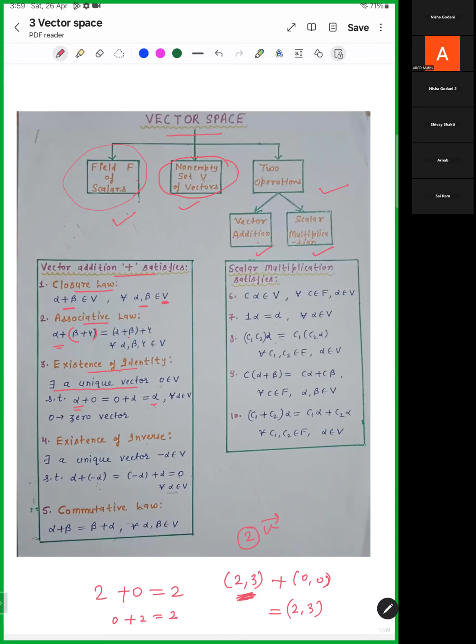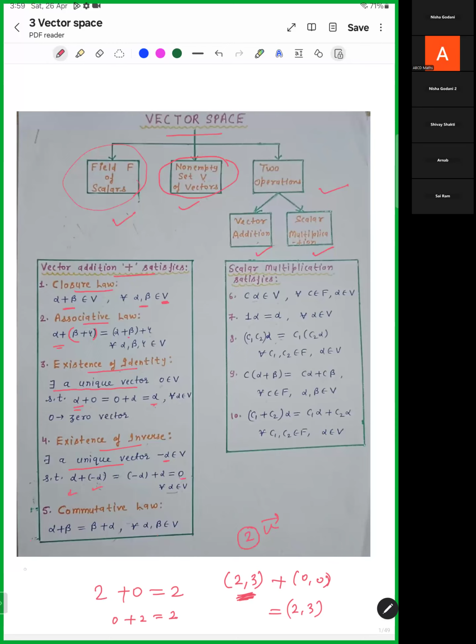Now, existence of inverse. If there exists a unique vector denoted by minus alpha, this is not the minus that you know. Minus alpha means the inverse of that alpha, such that if you add that minus alpha to your vector alpha, it gives you 0.